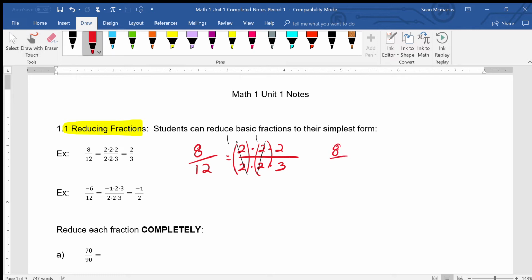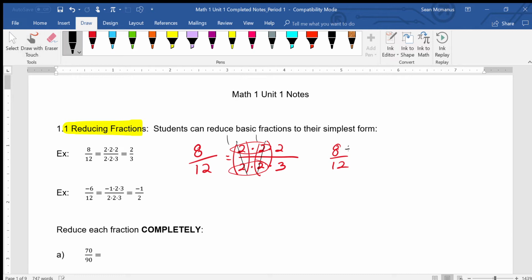Most of the time, what we end up doing is trying to find the largest common factor that goes into both. Here we spelled out all the factors, but I actually see that 2 times 2 is 4 on top, and 2 times 2 is 4 on the bottom. So typically, we see what's the largest number that goes into both of these numbers.